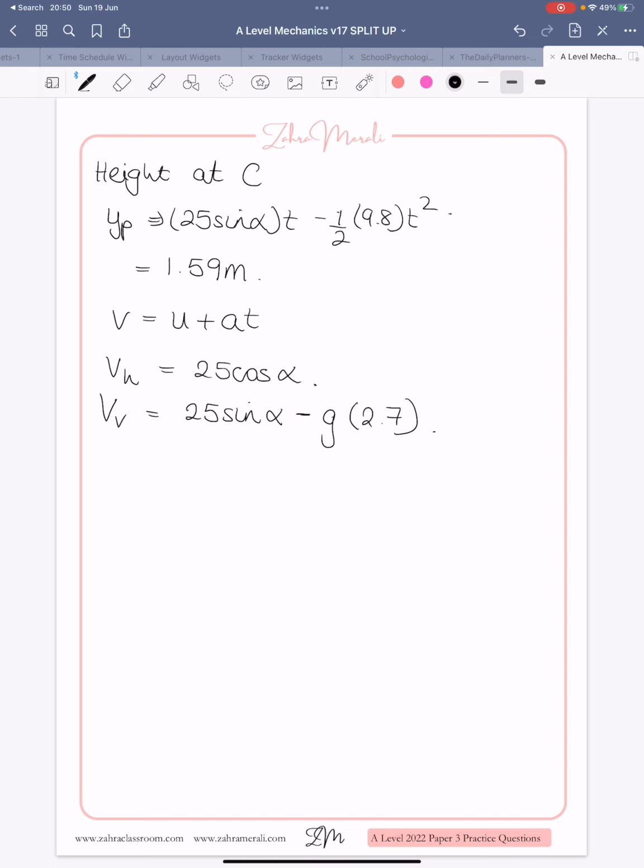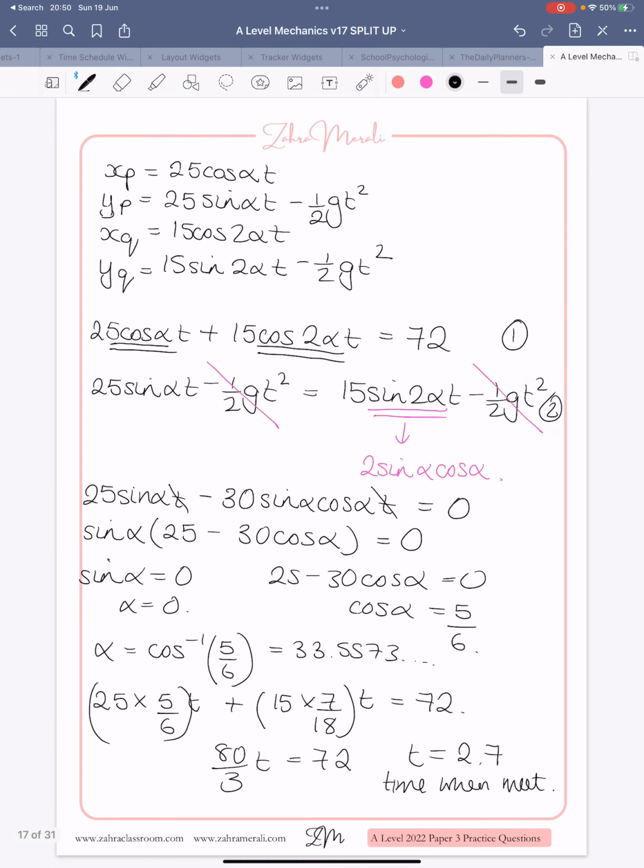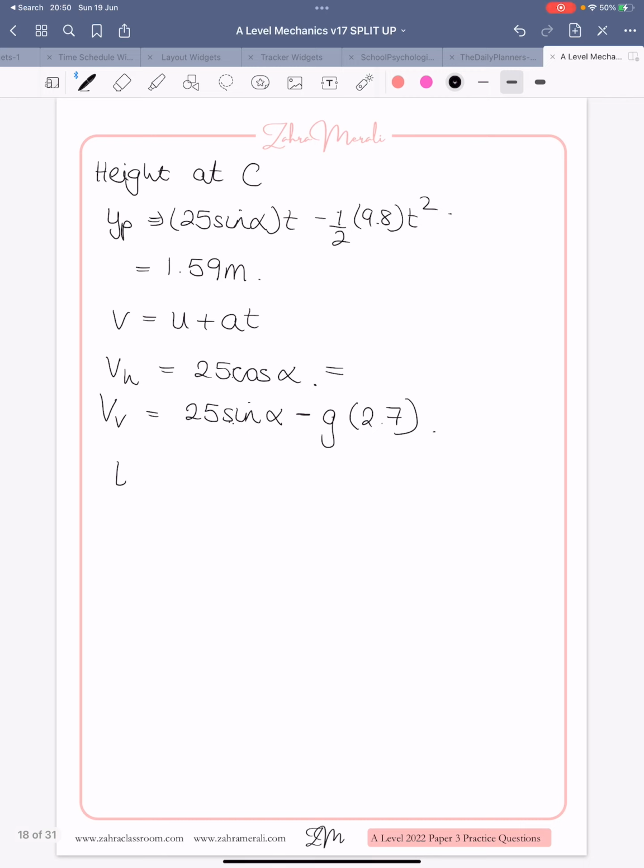Right, so now we can put that all into our calculator. We're going to do one divided by the other for the direction. Cos alpha is 5/6 already, sorry. 5 divided by 6 times 25, so 125 over 6.